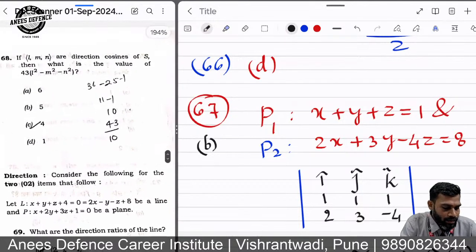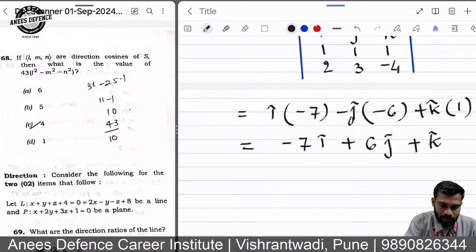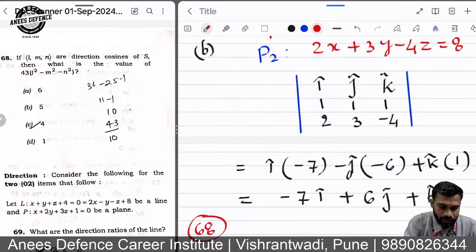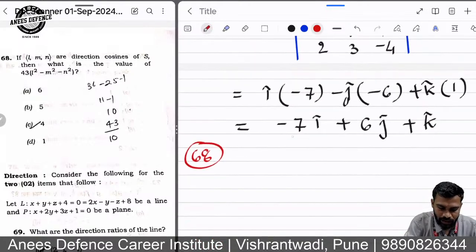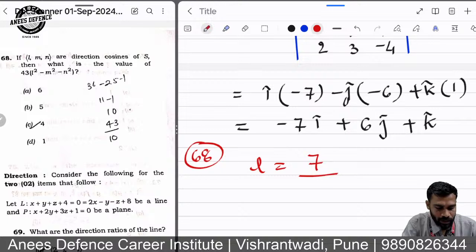See, l, m, n are the direction cosines of S. Then what is the value of? So very easy. Let us try to find out the direction cosines of this line of intersection S. So direction ratios are given. So l will be, of course, 7 by under root 7 square plus 6 square plus 1 square.